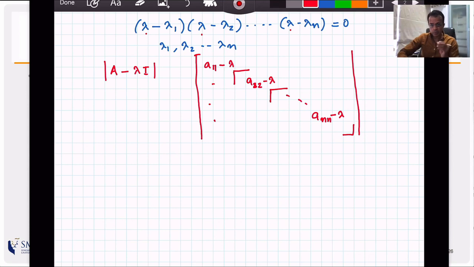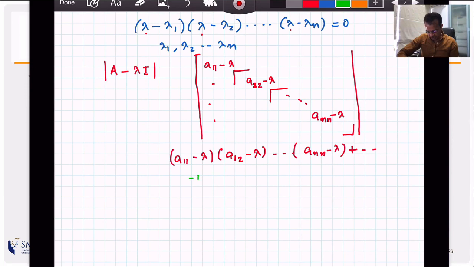If I multiply it out, there will be one term that basically reads (a11 minus lambda)(a22 minus lambda) all the way up to (ann minus lambda), plus some other things after that. But from this, can you see what the coefficient of lambda to the power n will be? It is plus or minus 1.